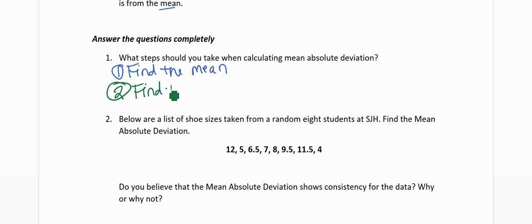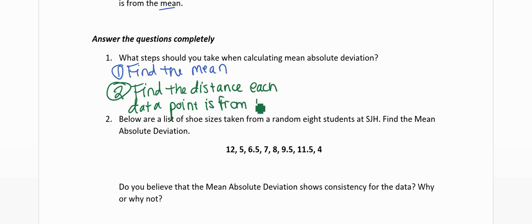So find the distance each data point is from the mean. And then we want the average distance because that's what mean absolute deviation is. So number three, I'm going to find the average of the distances.